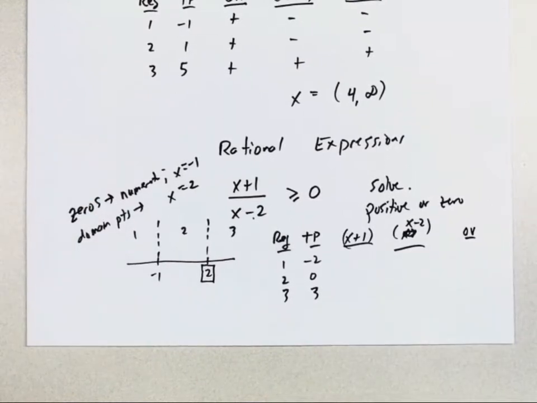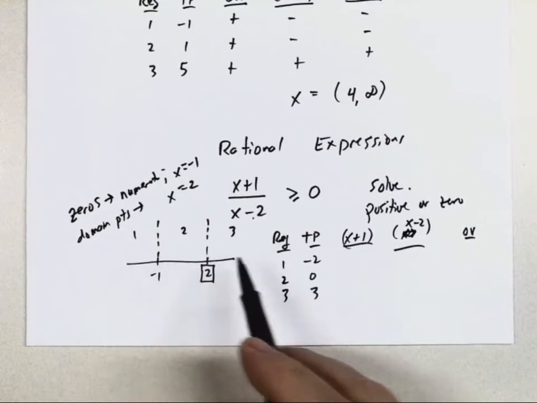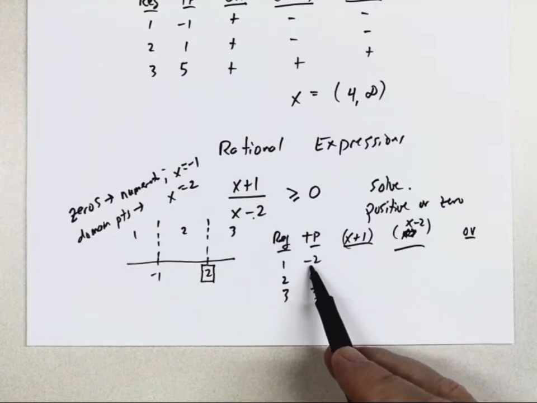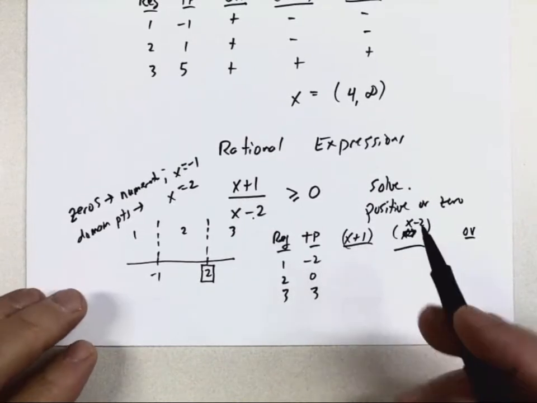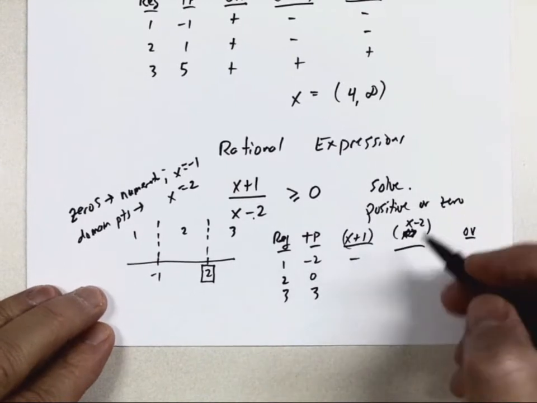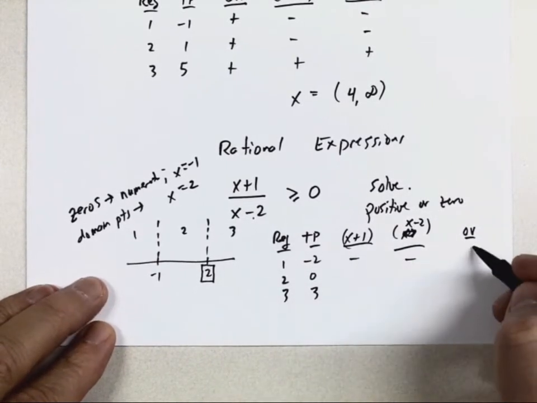I've got my overall. So now we're going to figure out what the signs of each of these 3 regions are. Region 1, when the test point's -2, -2 plus 1 is negative. -2 minus 2 is negative. 2 negatives multiplied together is positive.